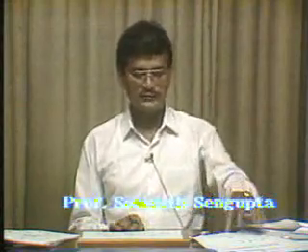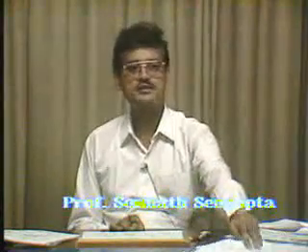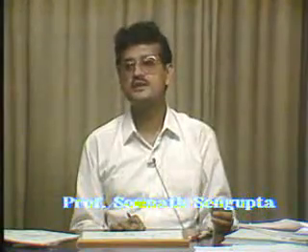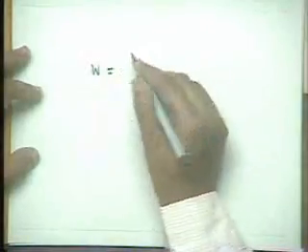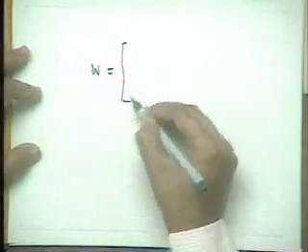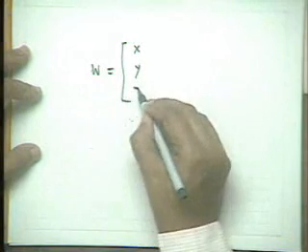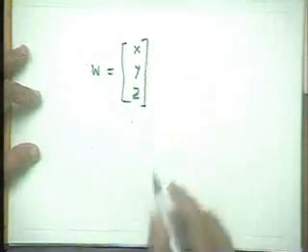So from this Cartesian coordinate system, which has only 3 components x, y, z, we will now go over to a homogeneous coordinate system having, instead of 3, 4 elements. Now the world coordinate vector can be defined as w, the vector w will be x, y, z.